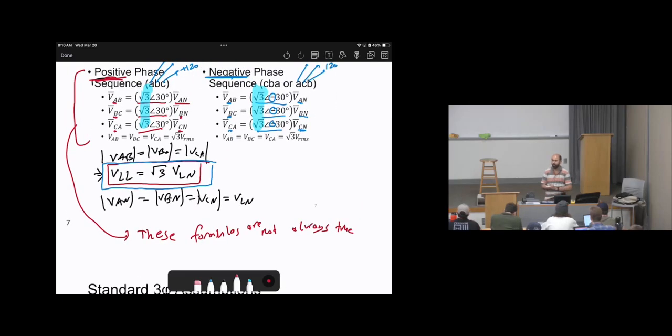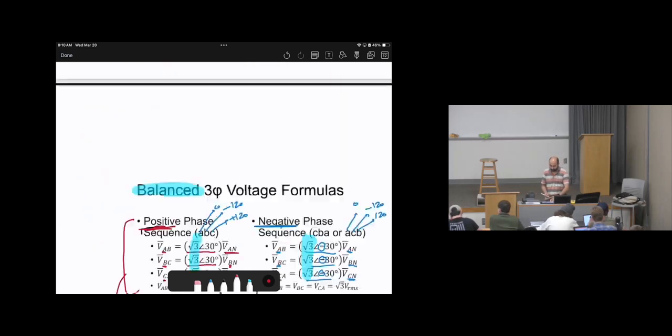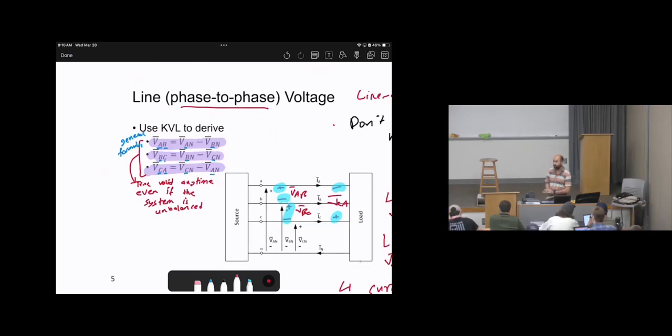When will this formula be true? If and only if balanced. If the system is unbalanced, what should I do? Don't use this. Okay, what should I use? Use the general equations, which is this. Okay?